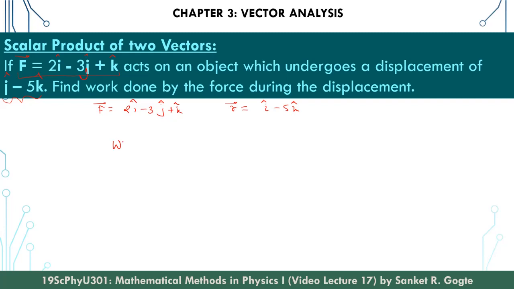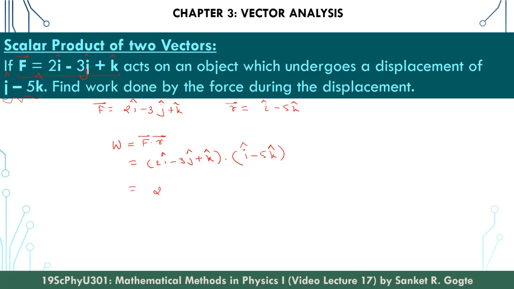Work done, therefore, which is a scalar quantity by definition, can be calculated by taking the dot product between the force and displacement, or work done is 2I minus 3j plus k dot product with I minus 5k. So therefore this is equal to 2.